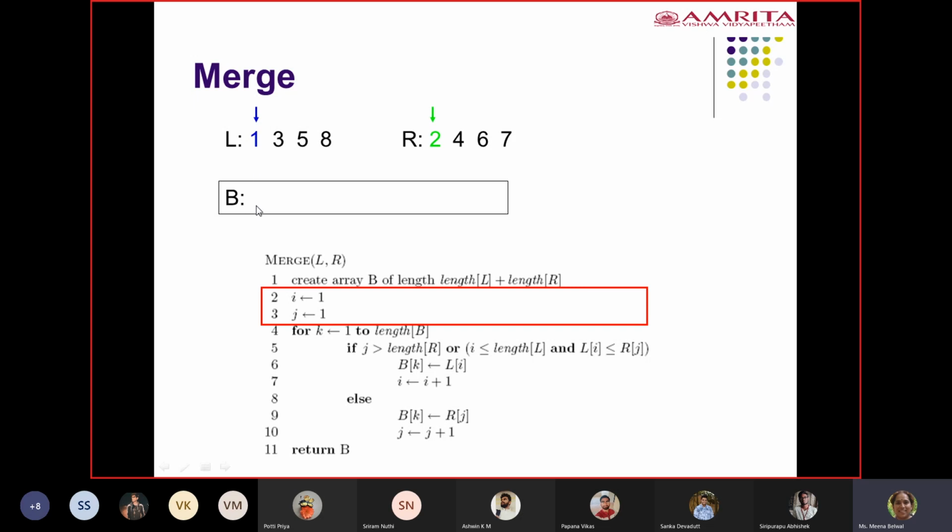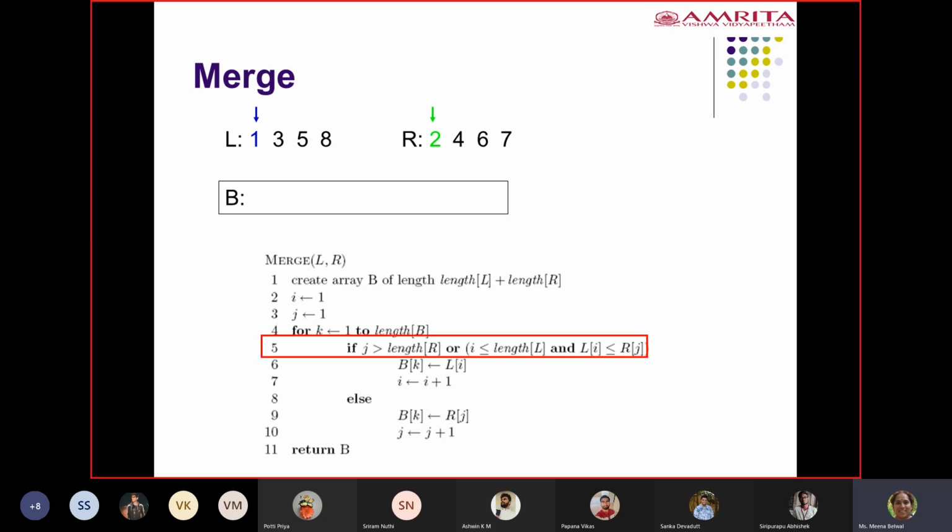Now k is the index to work with B. So for k equal to 1 to length of B, because we want to fill all the 8 elements in B. This is what we are checking: if J is greater than length of R. Here J is certainly not greater than length of R, but we have put this condition so that once we have traversed R completely, we can come out. But this or condition will be true: or I is less than or equal to length of L and Li is less than or equal to Rj.